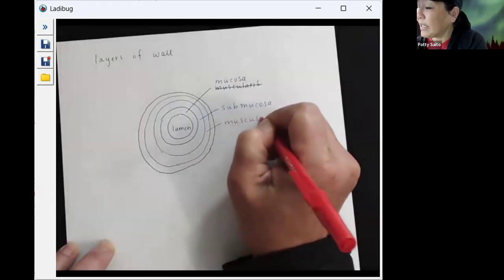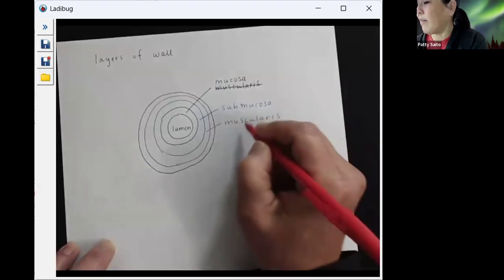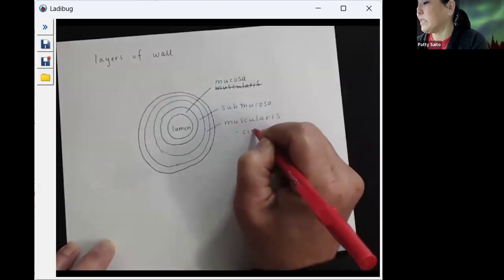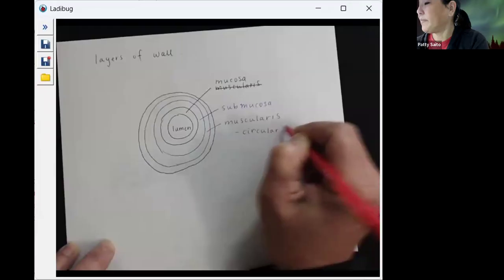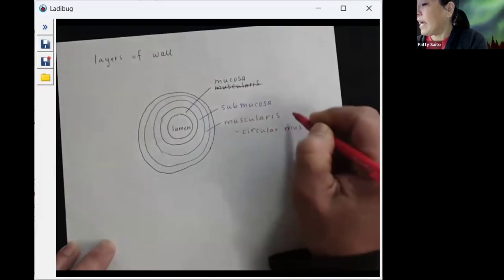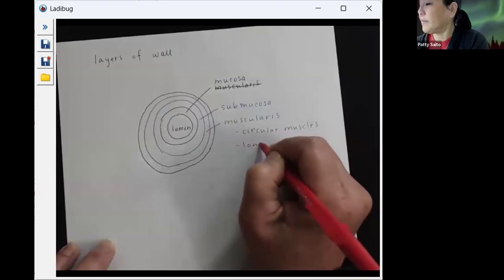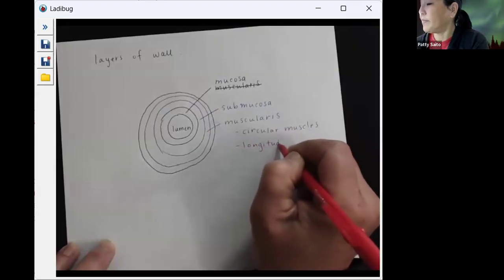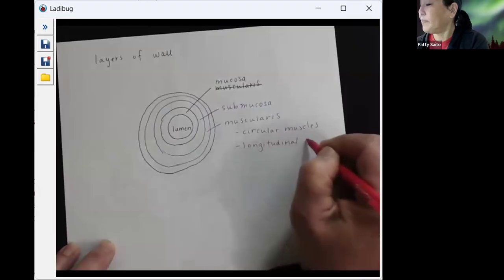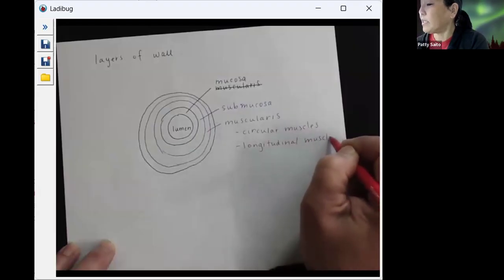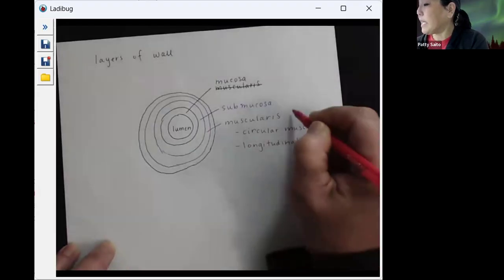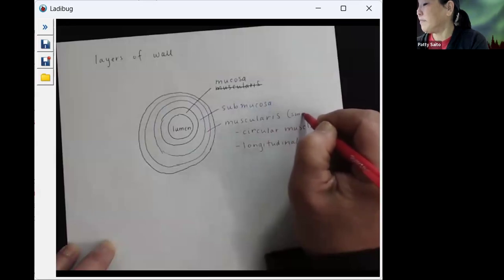Now the muscularis is composed of what we call the circular muscles, and then the longitudinal muscles. Maybe I'll explain that in just a moment. All right, muscularis is smooth muscle.